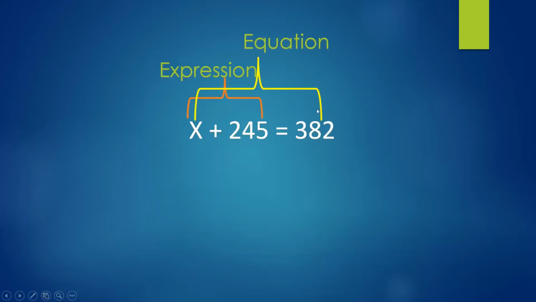So the equation is formed from an expression and an equal sign, and we call the x the variable. Again, x plus 245 without the equal sign is an expression. If I add the equal sign, it becomes an equation, and the variable is x.